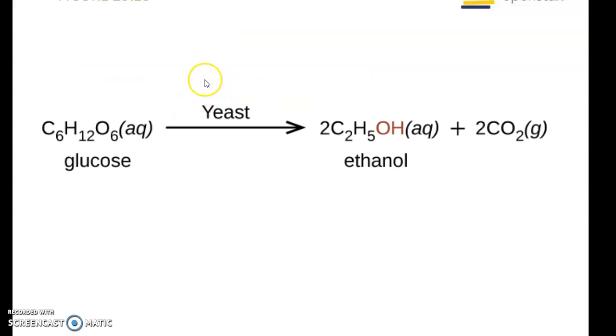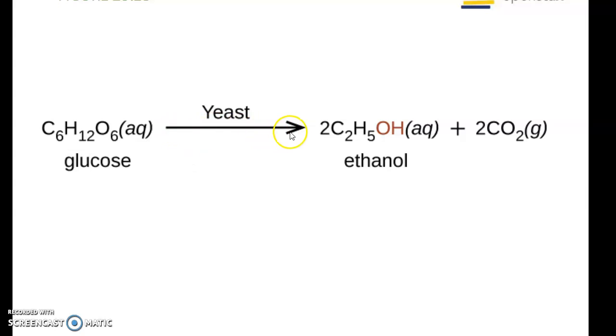Now, what happens is we're all very familiar with a fermentation process. A fermentation process takes glucose or sugar from some sort, and it can be grapes or corn or whatever, or potatoes even.